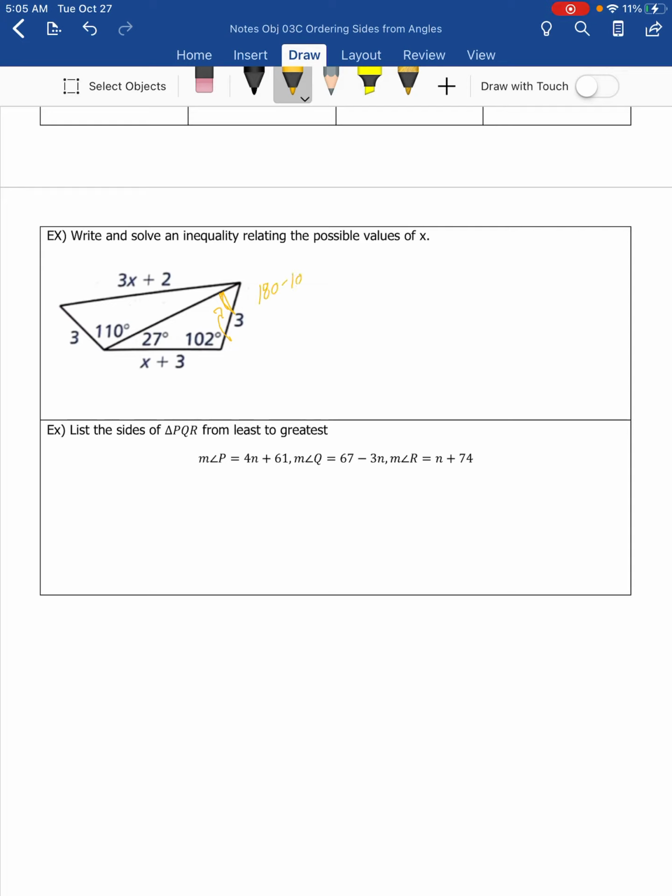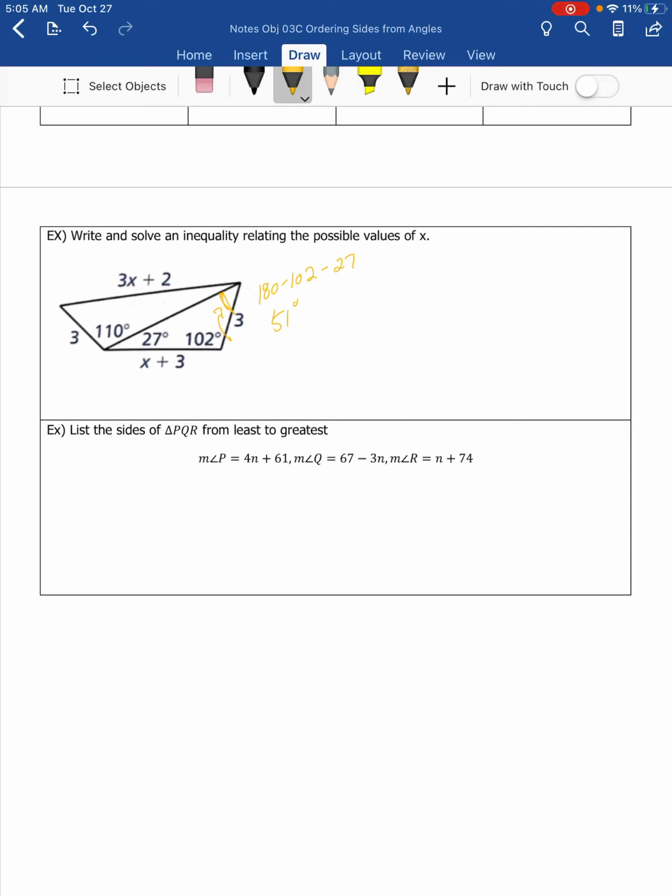So that's going to be 180 minus 102 minus 27, which is 51 degrees. Okay.